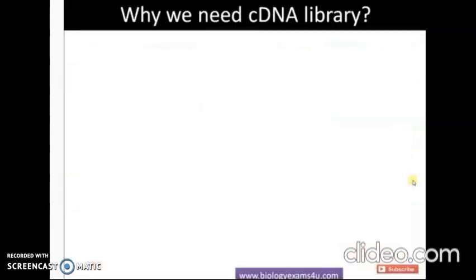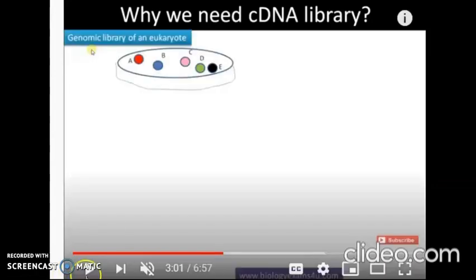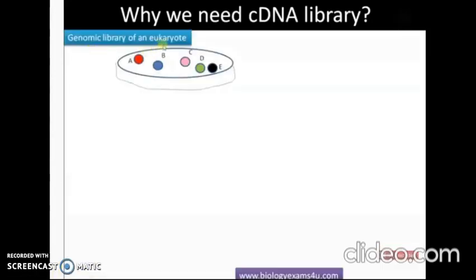So what is the advantage of having cDNA over a genomic library? Let us see the situation. This is the genomic library of eukaryotes. A, B, C, D, E refer to the genes, and the bacterial colony consists of these genes.